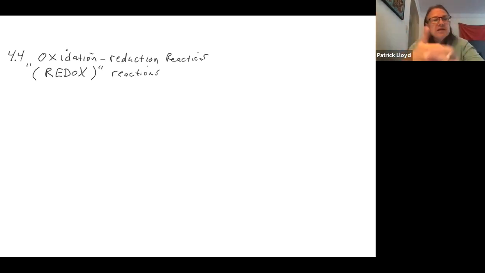So when we study chemistry, we don't just study the transformation of atoms to form new substances. We also look at energy. When we get to chapter 5, we're going to talk about energy more, but redox reactions are associated with very large changes of energy. So batteries, fuel cells, combustion reactions, those all involve reduction oxidation reactions.